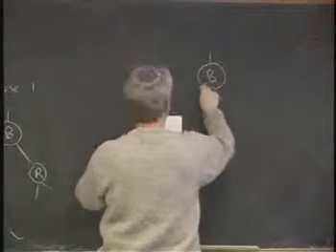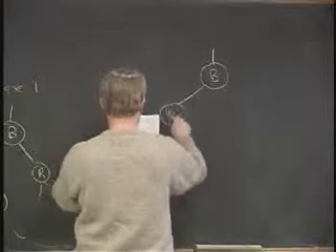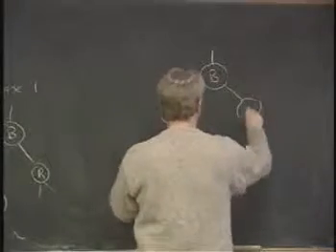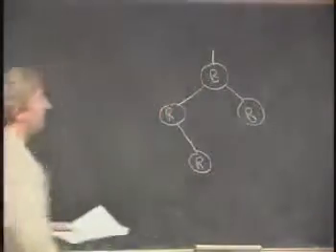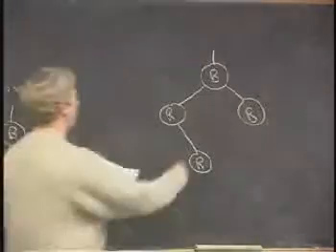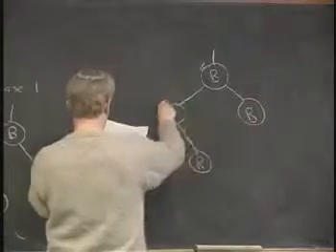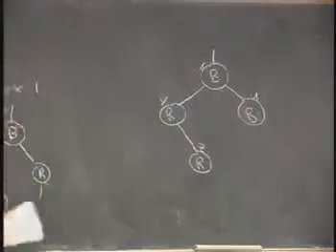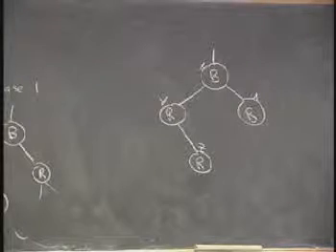Black, red, red, black. Now, since this case is going to involve a rotation, I need to put a little more labels on the nodes. So I'll call this X, Y, Z, U. Okay, just so you know which one is which.